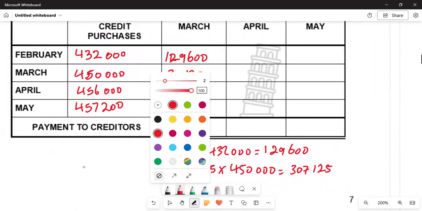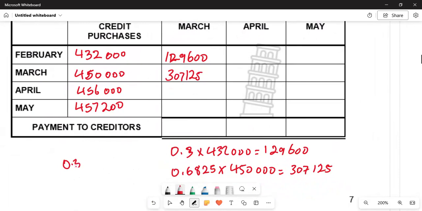To get to April, we start with March. We say 0.3 multiplied by 450,000. It will give us 135,000.